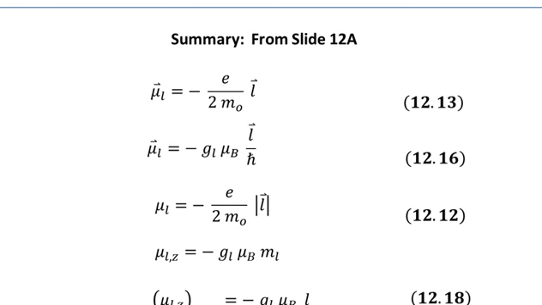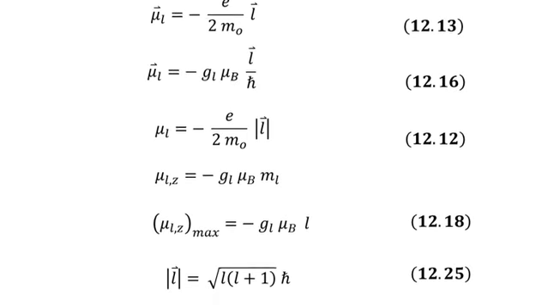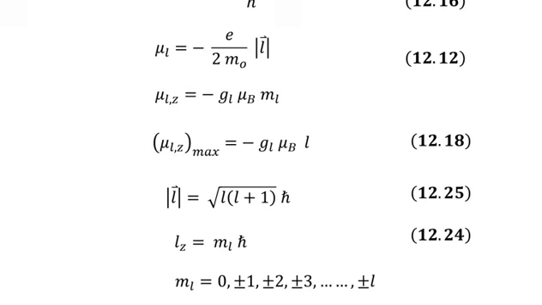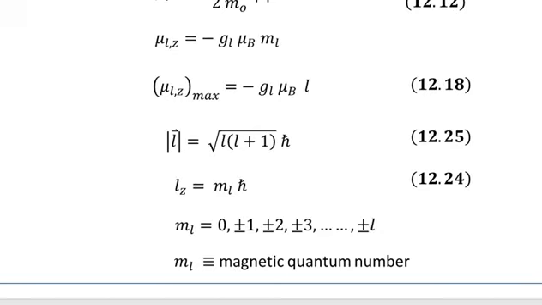Then the Z component of this orbital angular momentum, then the maximum value of the Z component, then the relationship between the magnitude of the angular momentum of the electron with its orbital quantum number, and then the relationship of the Z component of the orbital angular momentum with the orbital magnetic quantum number of the electron, and then the allowed values of mL in terms of the maximum values plus minus L of the orbital quantum number of the electron.